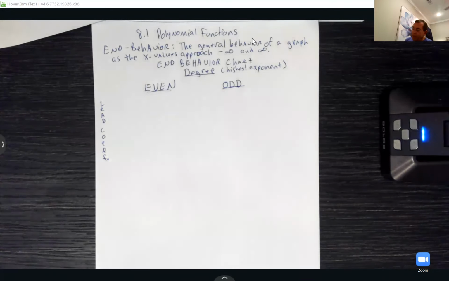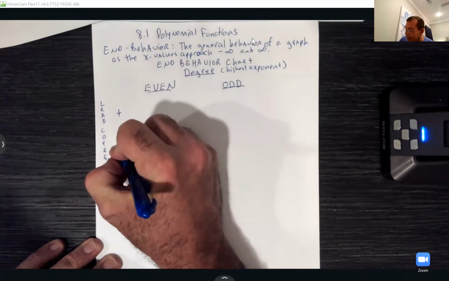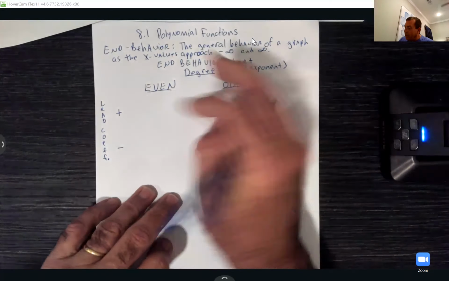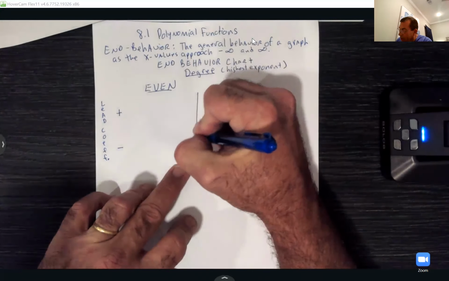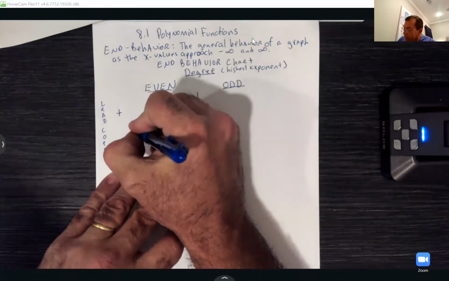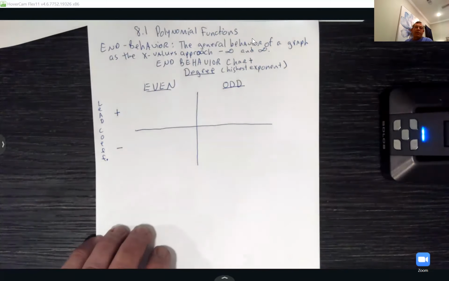So the lead coefficient can be positive or it can be negative. So these two columns and these two rows will determine our end behavior. So y'all need to give us four different pictures.